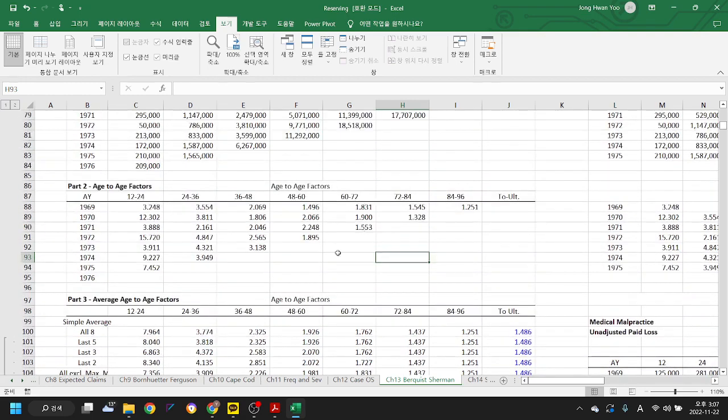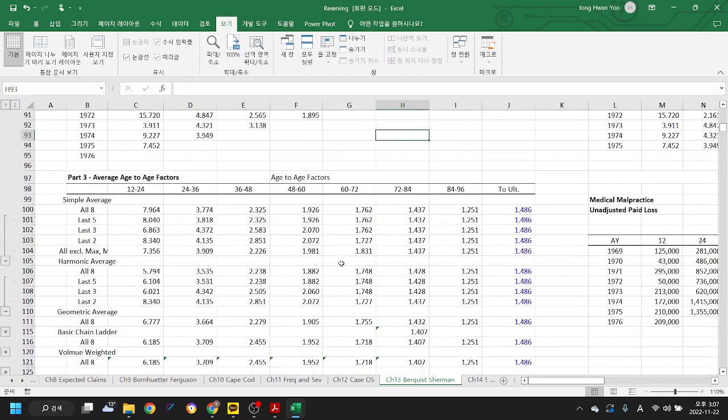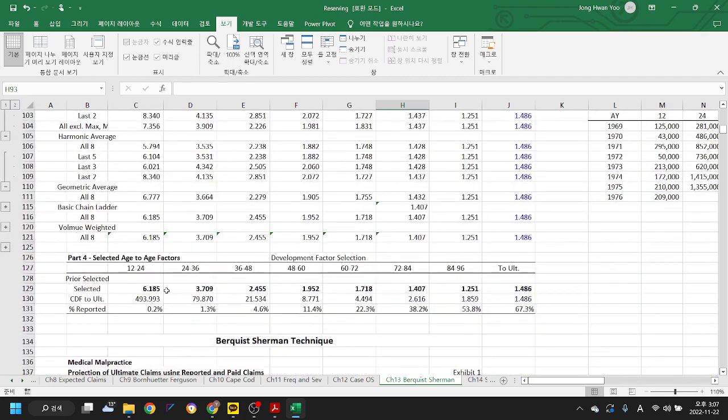This medical malpractice line has this type of feature. Actually, this one is also selected. Oh no, this one is the volume weighted average, so I would say it's like the basic chain ladder.